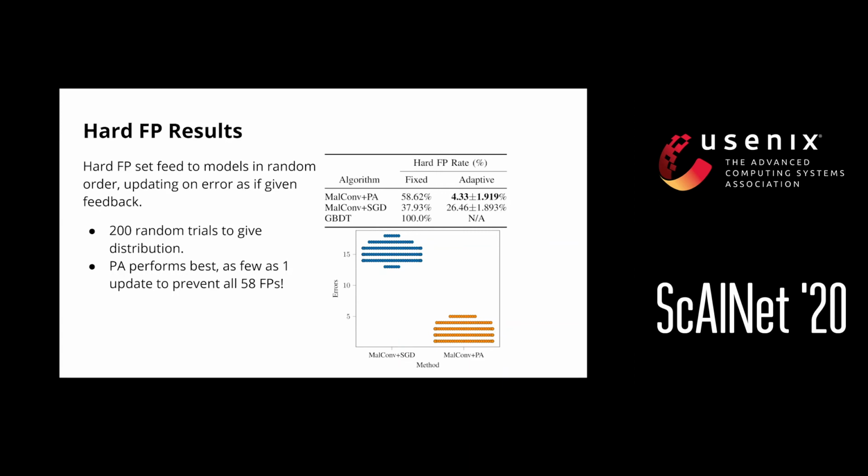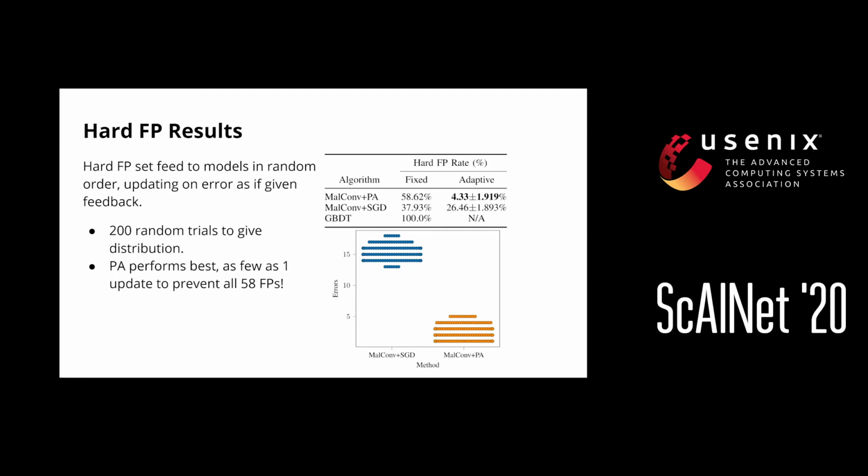But what we're going to test is an adaptive scenario. So 200 random trials of a false positive comes in. We update the model if it's making an error. Then the next one comes in and we see, is it still making an error on the next false positive? If so, we need to fix it. If not, good, we're doing a good job at reducing future false positives.